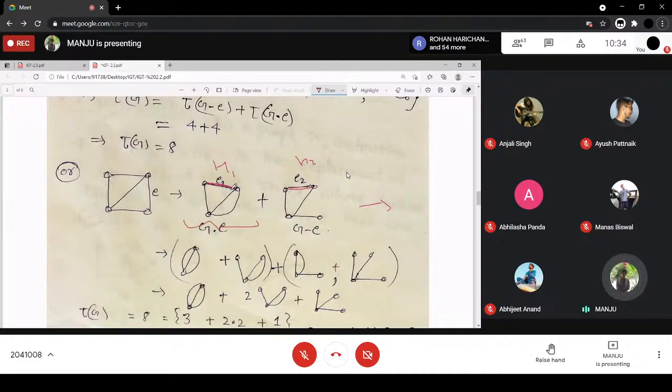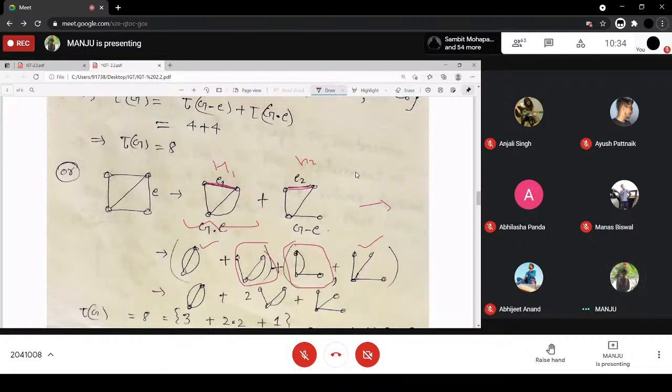H1 minus E will be this one, right? If you delete it, and if you contract it, then you are getting this figure. Understood? If you delete it, the second figure, and if you contract it, you are getting the first figure. And for the second one, if you delete it, you are getting this figure, and if you contract it, you are getting this figure. And if you look at these two figures, these are kind of the same, right? Isomorphic.